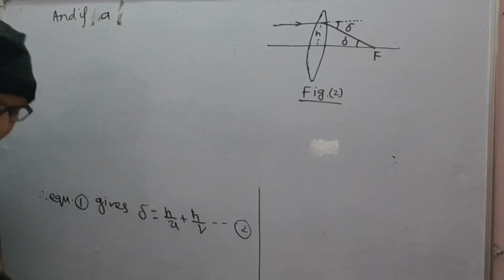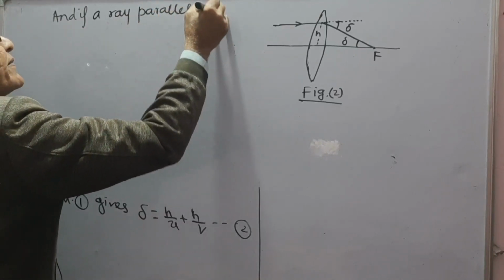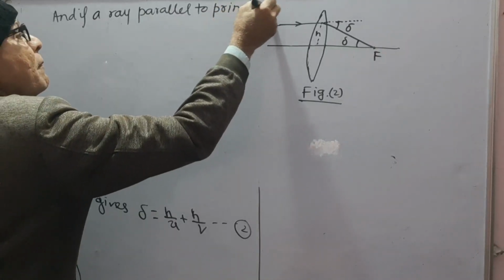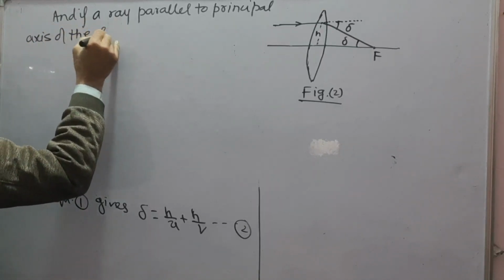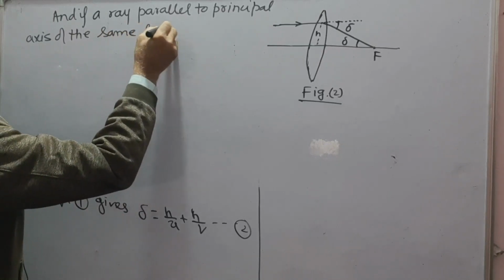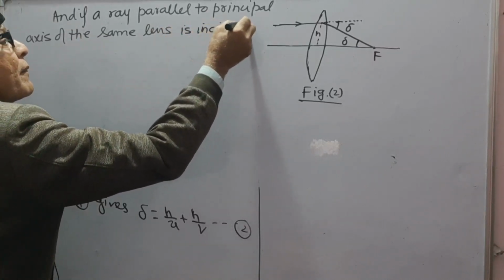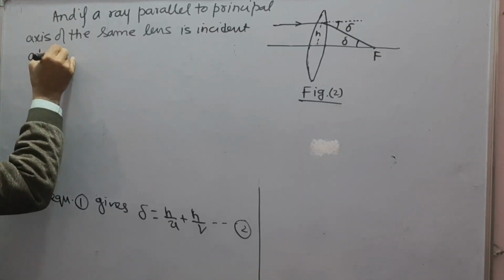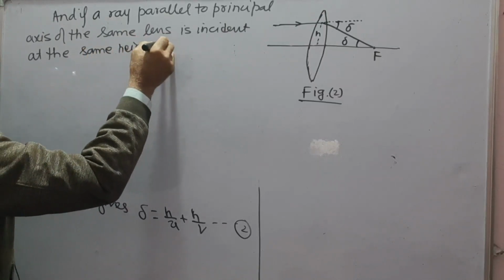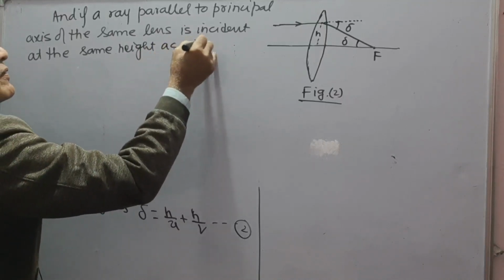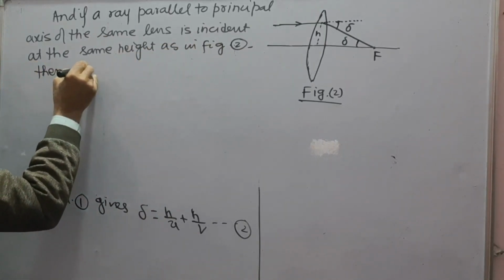And if a ray parallel to principal axis of the same lens is incident at the same height h, as in figure 2, then deviation will be same.